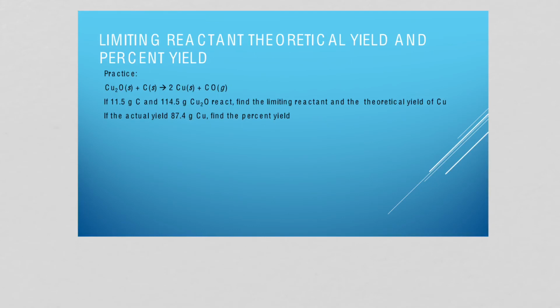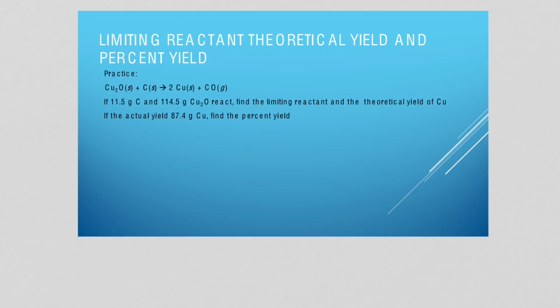Okay, here I'm going to go through one more example of a limiting reactant theoretical yield type problem, if you need to see it one more time. In this reaction, we have copper oxide reacting with carbon to give copper and CO. Before we do any of this, of course, we should always make sure that it's balanced. This one looks balanced, and it is, with coefficients of 1, 1, 2, 1.